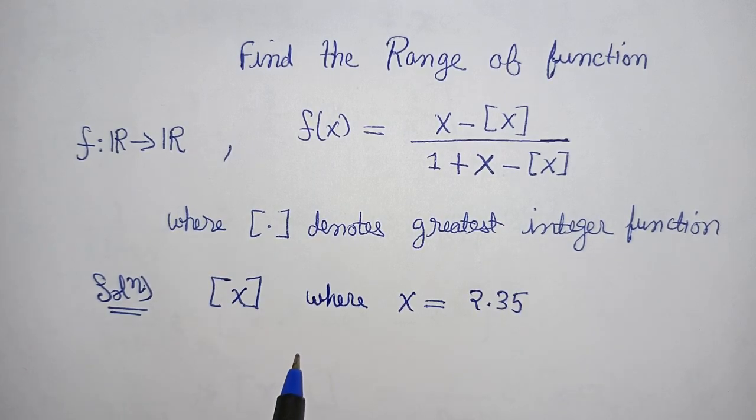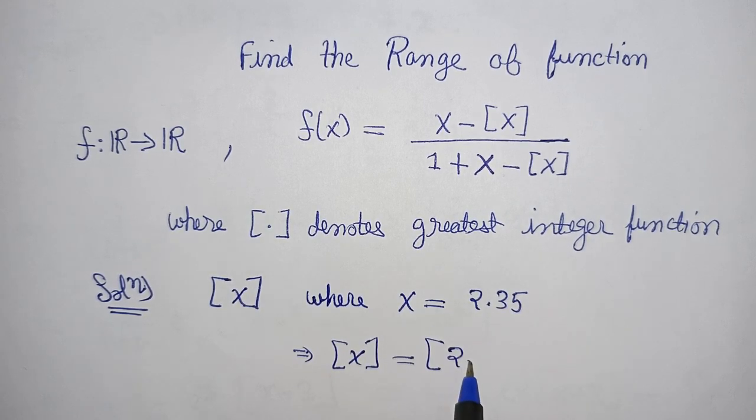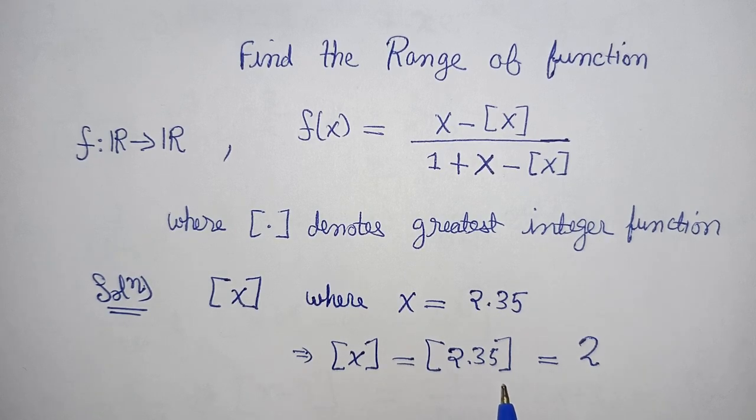The value of [2.35] in these brackets will be equal to 2. That means we are taking the lower integer value if we are given any decimal value.